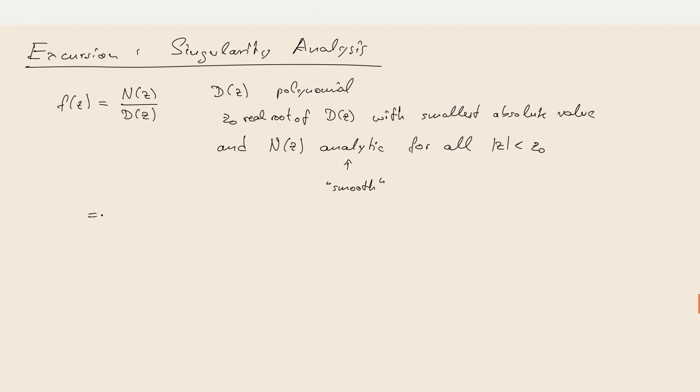Then you've already seen in some detail before that we can rewrite this 1 over d of z as partial fractions. Last time I wrote down the full general form. In principle, we sum over all zeros of d.